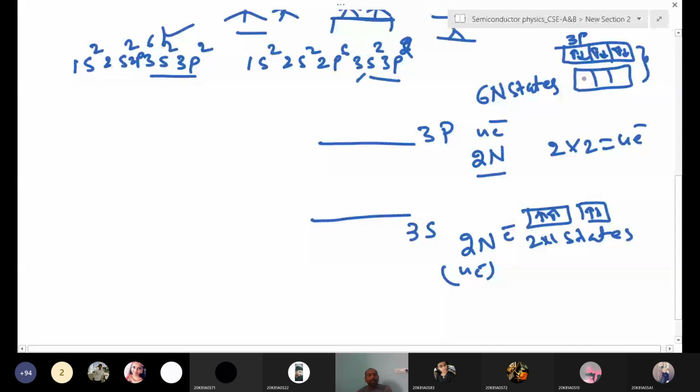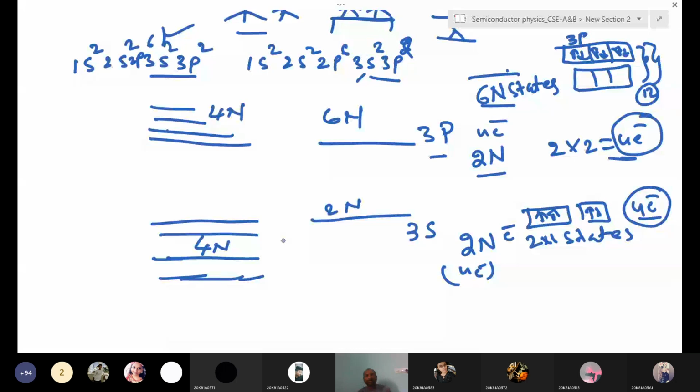What is the principle? The lowest energy states will be filled first, and after that the next higher states will be filled. So by this principle, the 8 electrons will be filled in these states only.